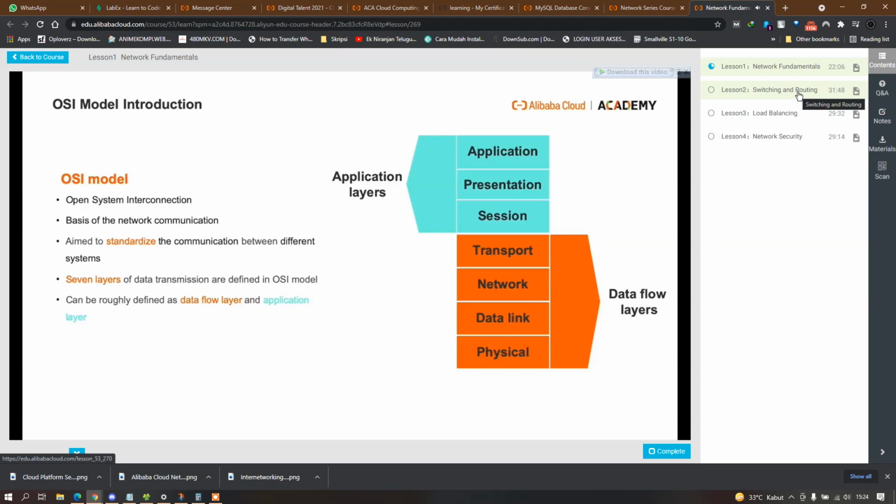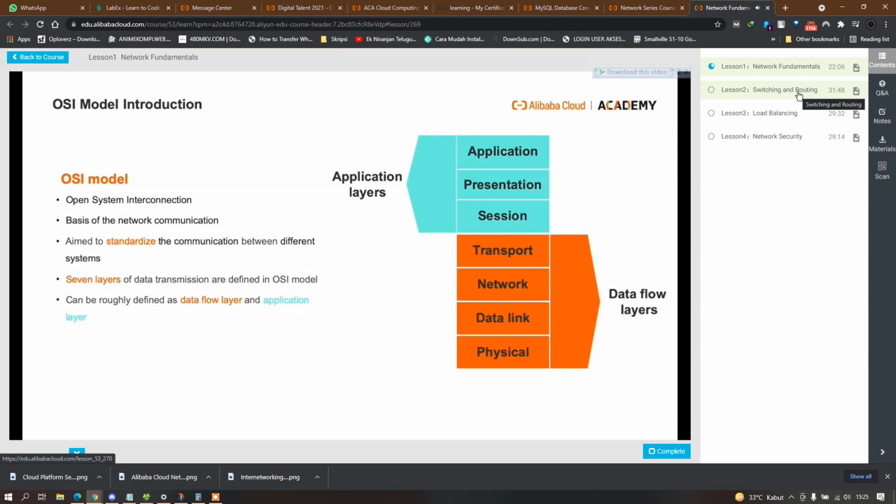In the OSI model, 7 layers of data transmission are defined, and roughly we can divide the 7 layers into the data flow layers and the application layers. We can see the picture on the right. From the bottom are the physical layer, the data link layer, the network layer, and the transport layer.